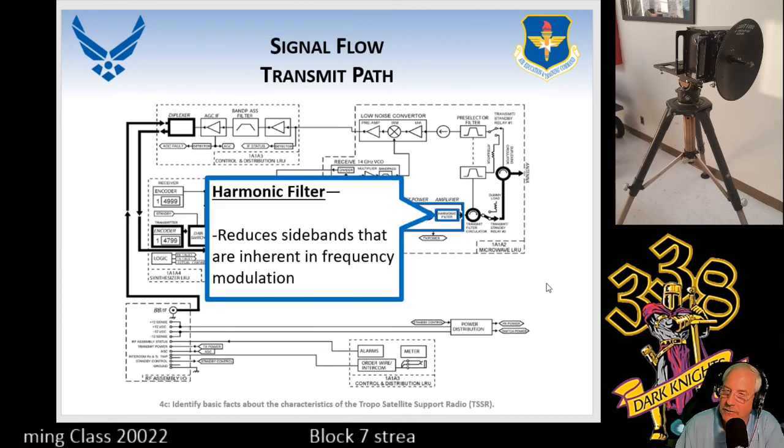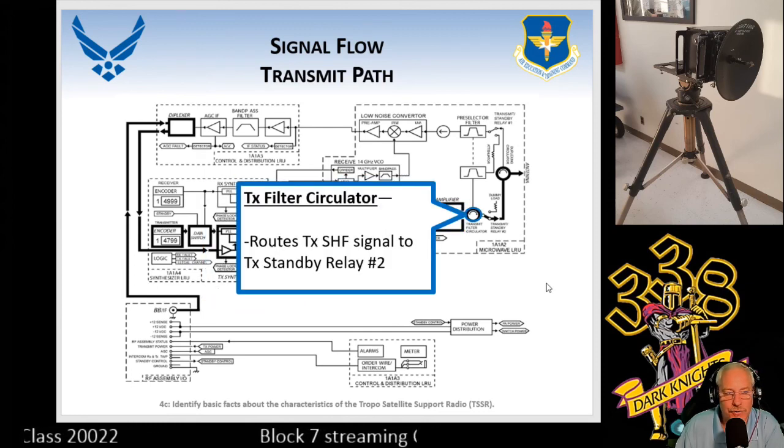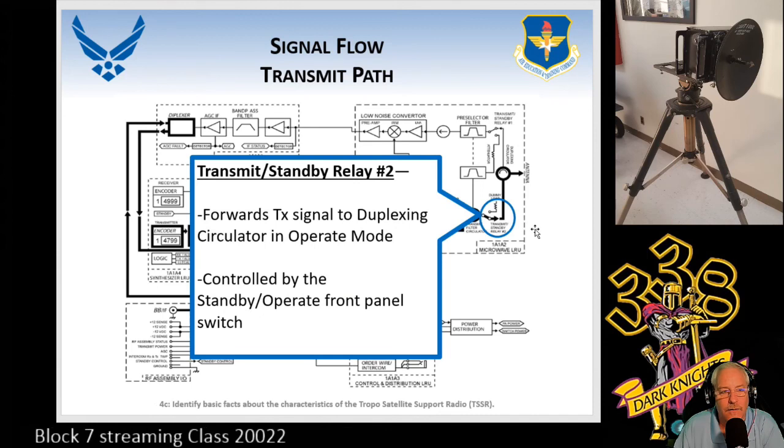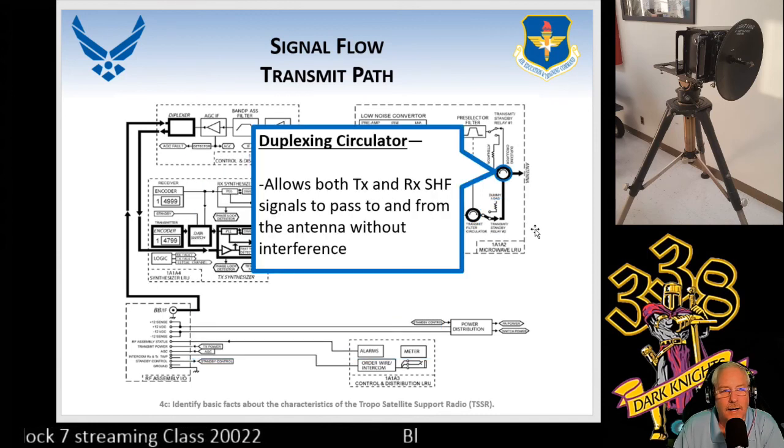This eliminates those harmonics. We go through a circulator. It's going to take us through the standby operate relay switch in operate mode. The idea is I'm not in standby. So I need to get out through this other circulator and go out the antenna.